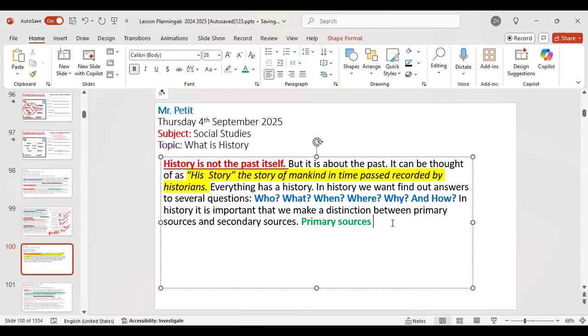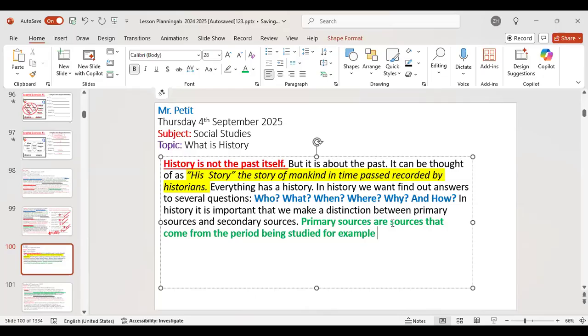So primary sources are sources that come from the period being studied. For example, let's say you wrote a daily diary.